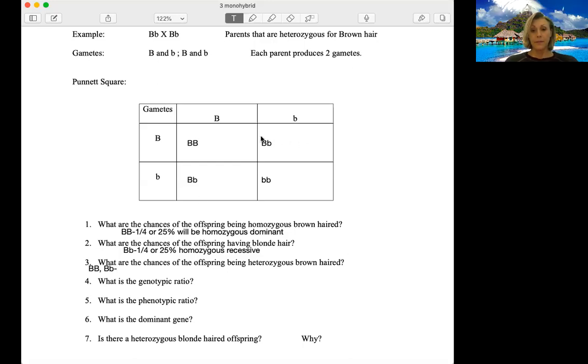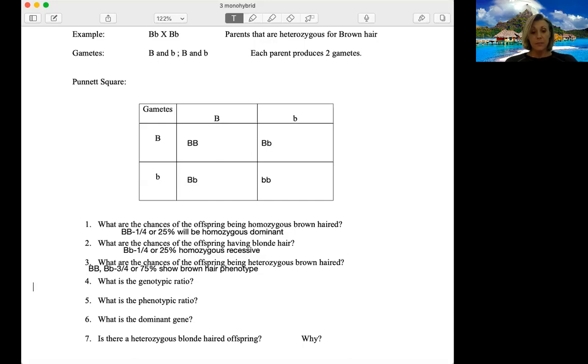So these 3 kids are going to show brown hair. So if the big B shows, that would be 3 out of 4 or 75% show brown hair phenotype. Remember, phenotype is the physical look. Genotype is like this. These are the genetic alleles that they'd have.